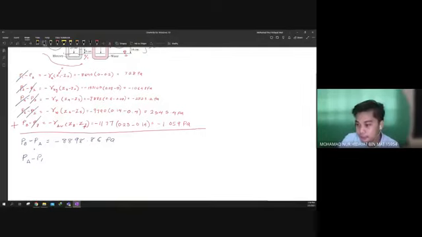PA minus PB, negative goes to positive, because all this you multiply with negative. You can see this one positive becomes negative, negative becomes positive, negative, negative, positive. Therefore, that is the final answer.